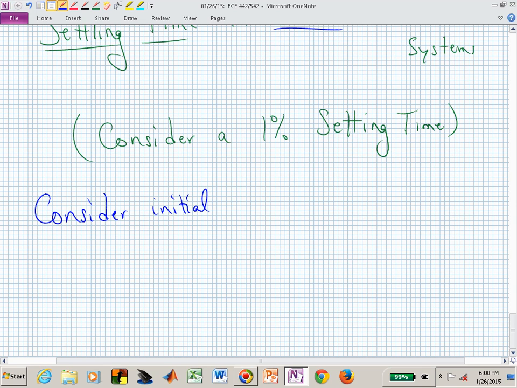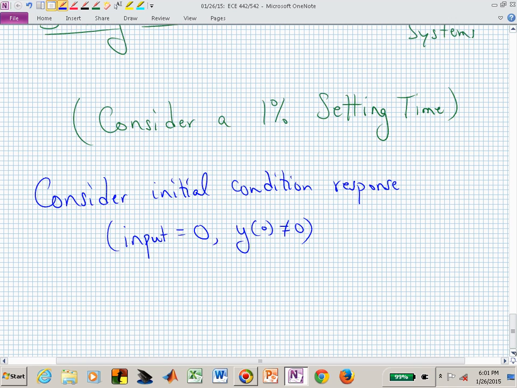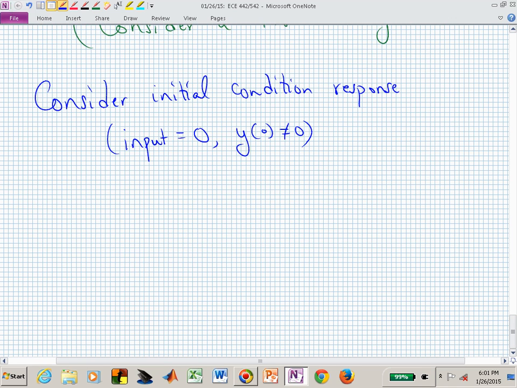Let's now consider an initial condition response, which means our input is 0 for all n, and y of 0, the initial value for our variable, is not equal to 0.